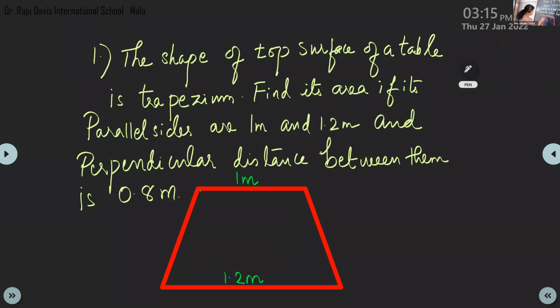So the perpendicular distance between them will be this one, isn't it? Height of the trapezium, that is 0.8 meter. Ma'am, your sound is too low. Perpendicular distance between them is 0.8 meter.